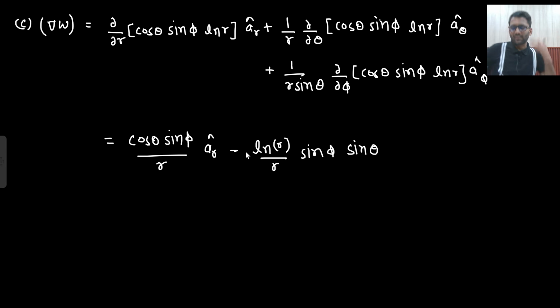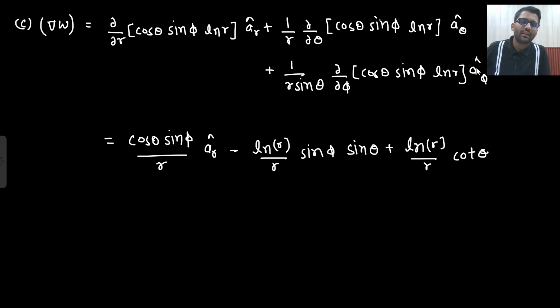Differentiation of cos theta is minus sin theta, and then 1 by r sin theta, what will come with respect to phi you need to differentiate. So cos theta ln r would come outward. So ln r cos theta divided by sin theta, that would be cot theta. So ln r by r, cos theta came outward, sin phi will be differentiated. So cos theta by sin theta, what would that be?